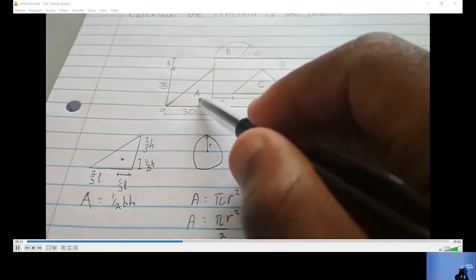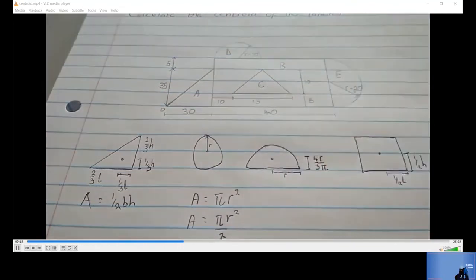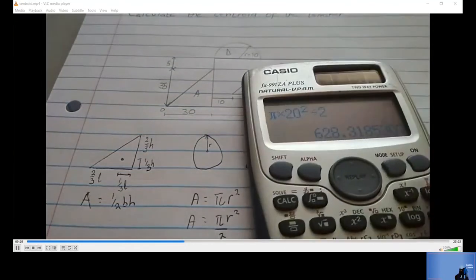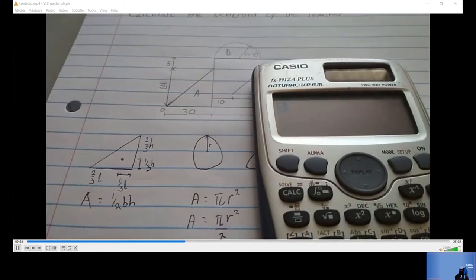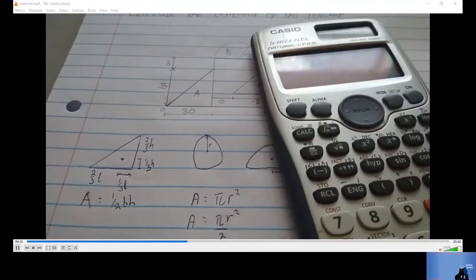That's that distance from here to here, and here to there. And we have that situation here where the centroid of this triangle is somewhere here. So we're going to take our calculator and we're going to say, okay, 2 divided by 3 times a length of 30. And we get 20. Take the 20, write it down there.